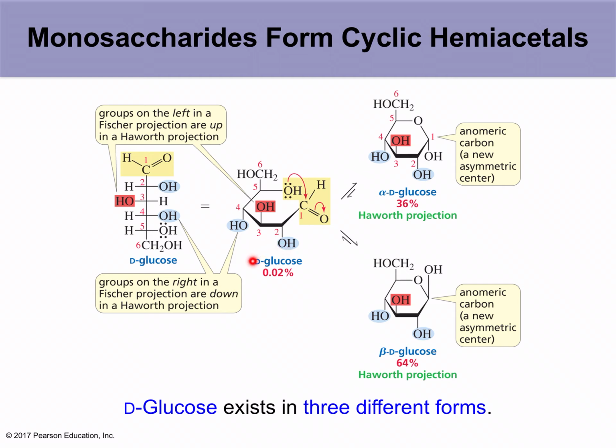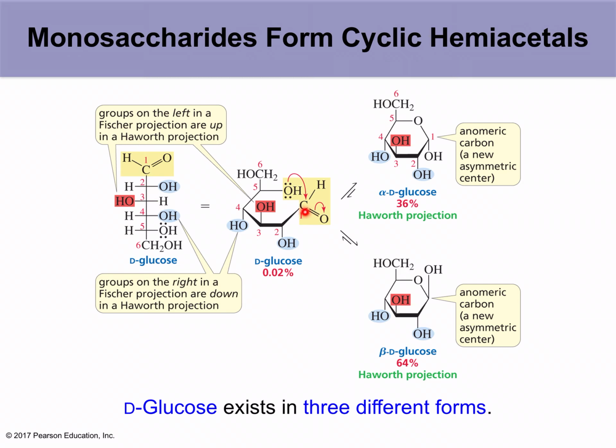Groups on the right in a Fischer projection are down in a Haworth projection. Groups on the left, this red OH, are up in a Haworth projection. So we need to remember that. Groups on the left will be facing up.